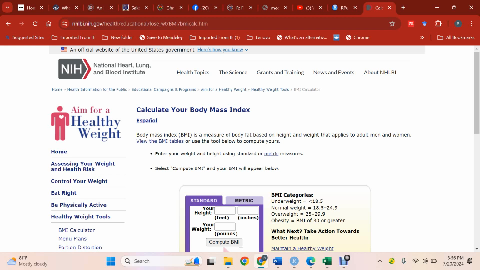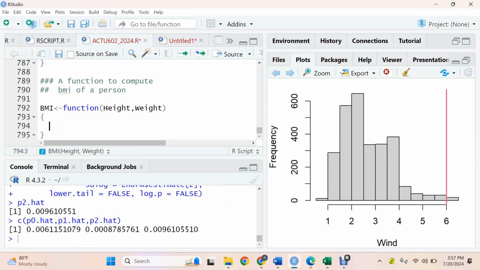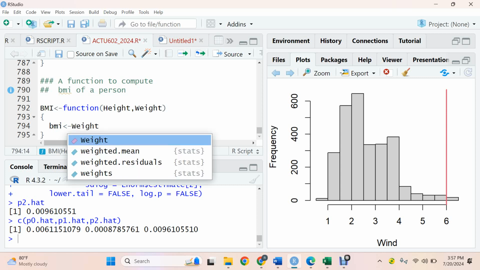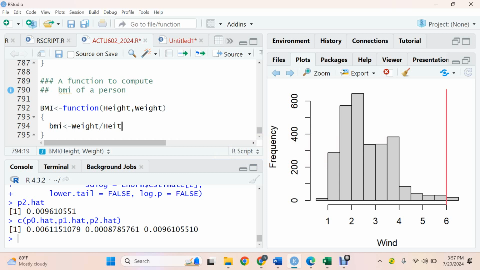Yes, it's weight over height squared, but it should be in meters. So we can compute the BMI as weight divided by height squared. It means that whatever you are putting in must be in kilograms, and height in meters.